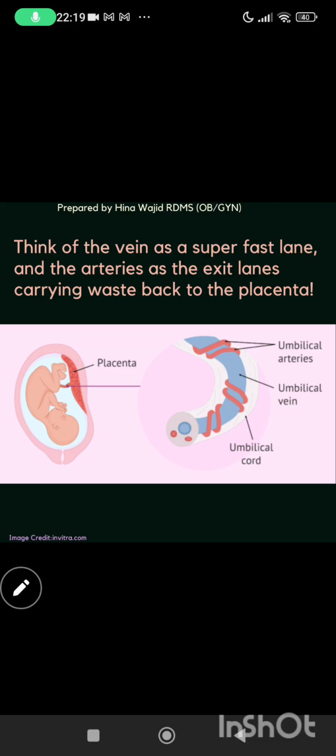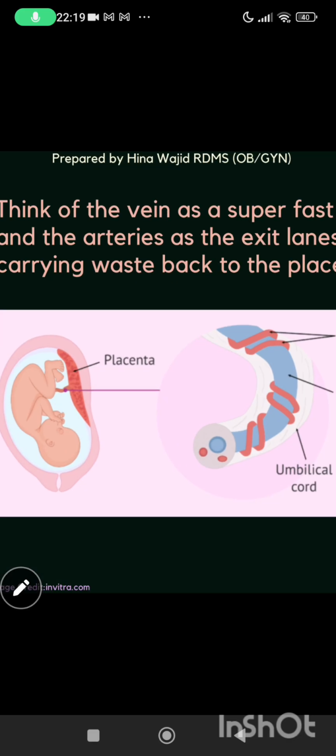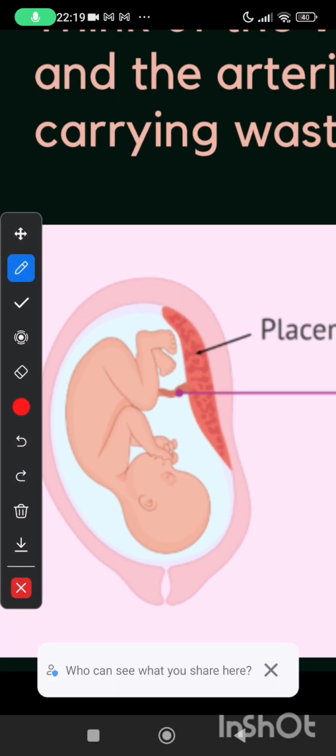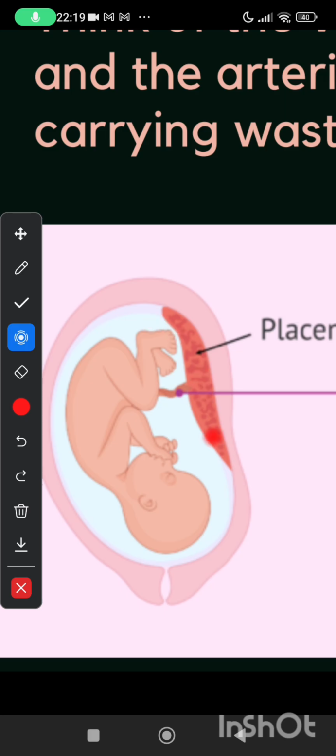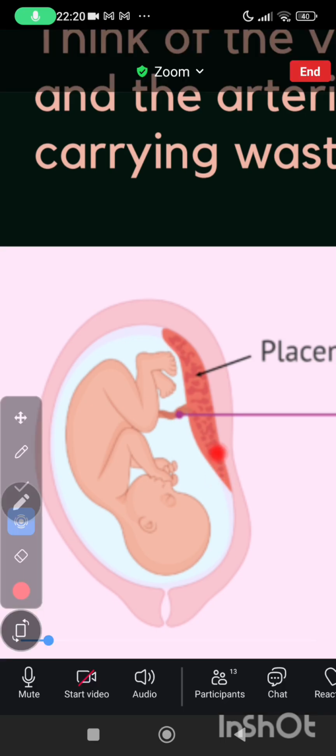So here we can see their image. We can see the placenta here, which is the hero because it provides all of the essential things to the fetus. And here we can see the umbilical cord. So the umbilical cord is like a highway which connects the placenta to the fetus.